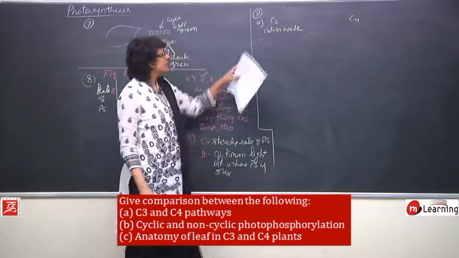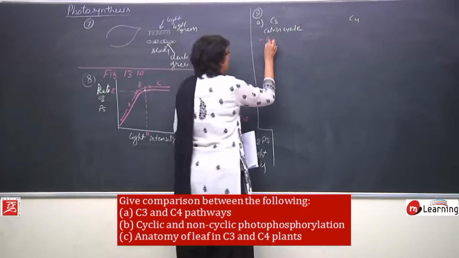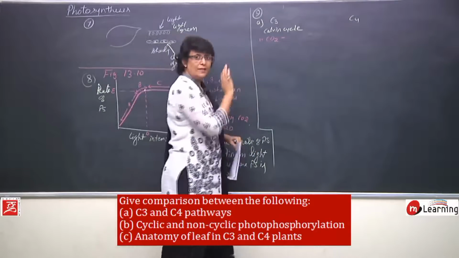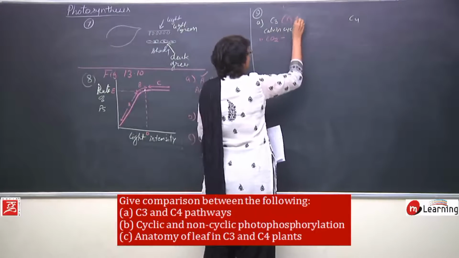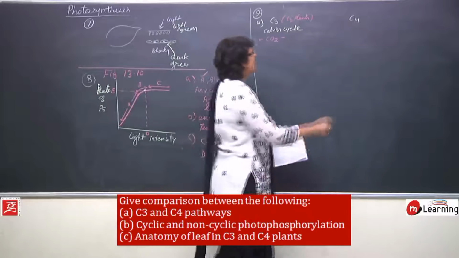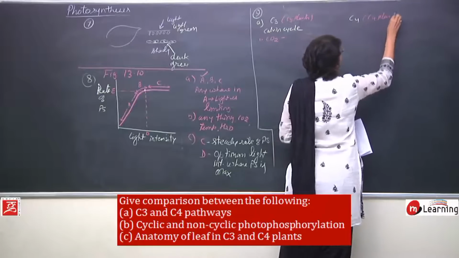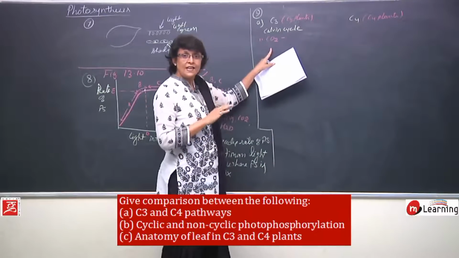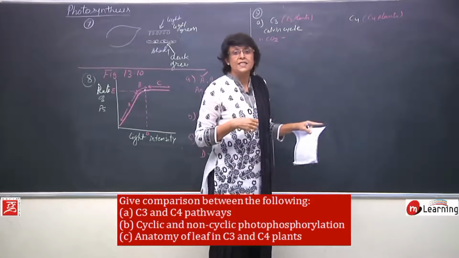First comparison, C3 cycle. When we are talking of only the C3 cycle, assuming that it takes place in C3 plants, and C4 pathway is what is taking place in C4 plants. So here it is only the Calvin cycle. Here whatever takes place in the mesophyll plus the C3 cycle.